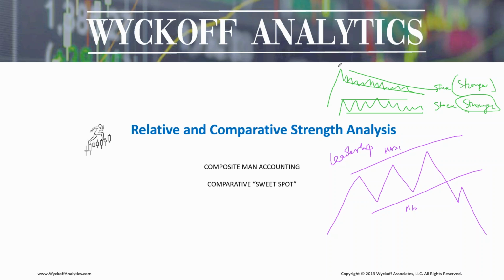Okay, how about this? The market is going up in line with the stock. So same structure. The stock is stronger or weaker? Same structure for the market. So stronger or weaker?